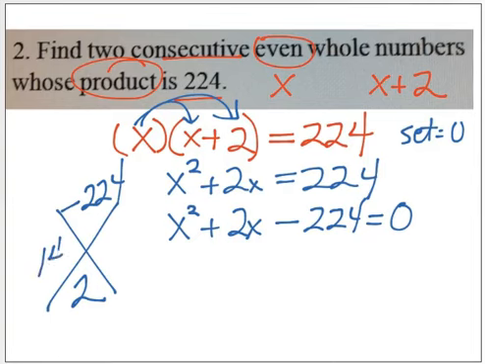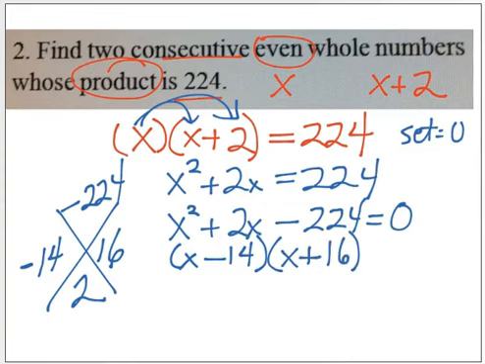Well, 14 and 16 will multiply to 224. And how do I make it work? Well, if I make the 14 negative, then they add to 2. So my factors are x minus 14 and x plus 16.